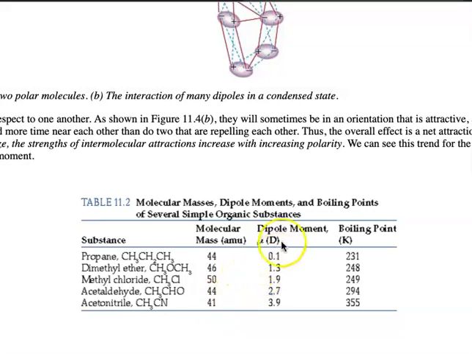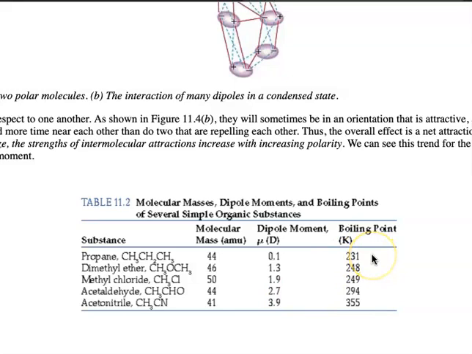But what changes is the various functional groups that are present in each. And because of those different functional groups, you can see that as we go down the list here, our dipole moment increases until you get to good old acetonitrile down there. So even though these are pretty much the same molar mass, you can see the huge role played by the strength of the dipole-dipole interaction.